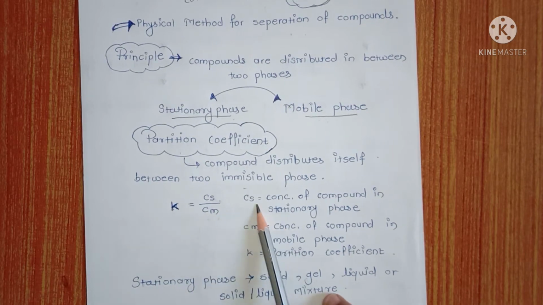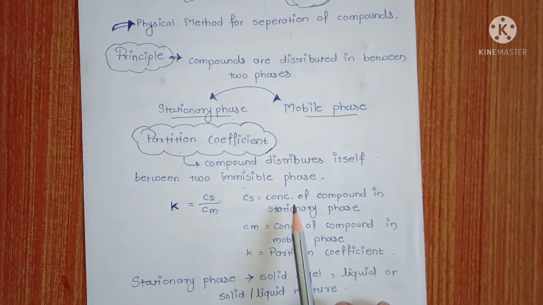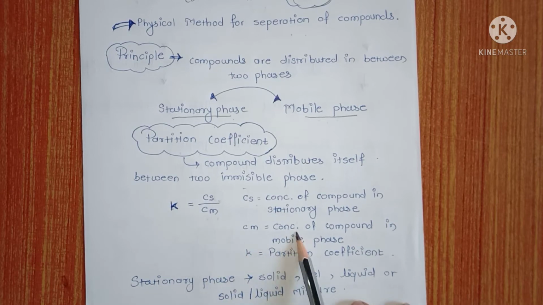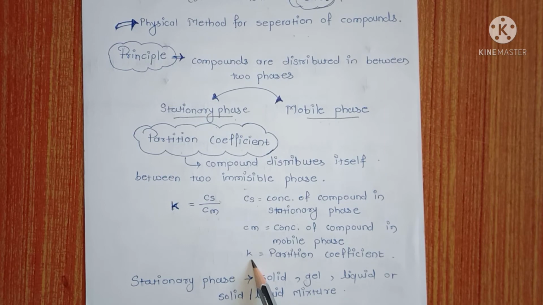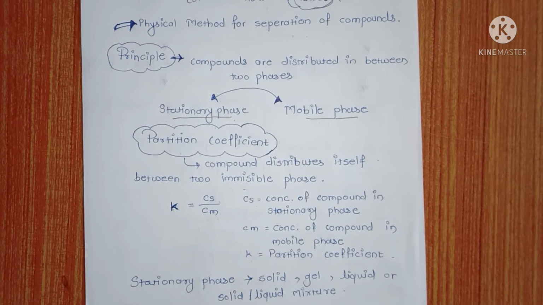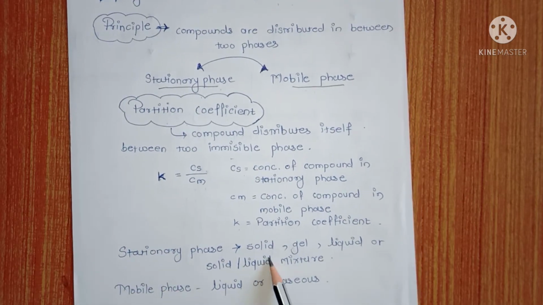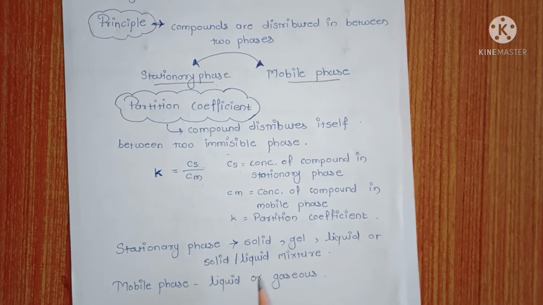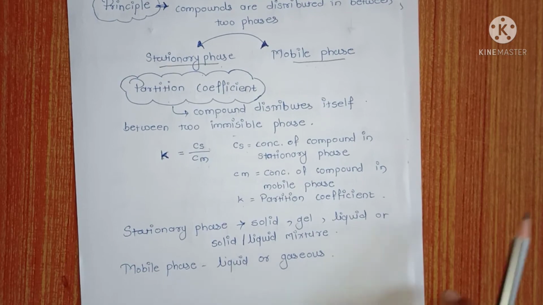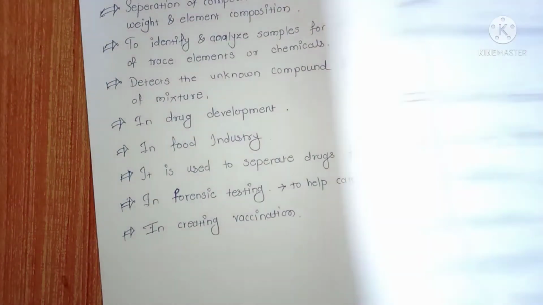Cs means the concentration of the compound in the stationary phase, Cm means the concentration of the compound in the mobile phase, and K is the partition coefficient. The stationary phase may be solid, gel, liquid or a solid-liquid mixture, and the mobile phase is liquid or gaseous.